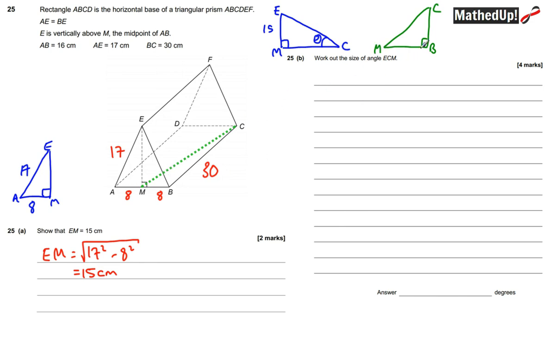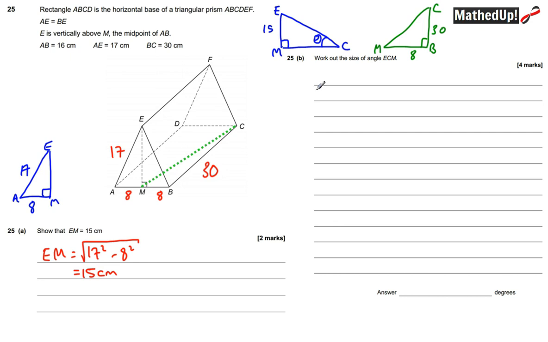And of these, well, I know that BM is 8, and I know that BC is 30, and CM is something I can now work out using Pythagoras, and that's going to be the same as the CM here. So using my calculator again, let's write this down.